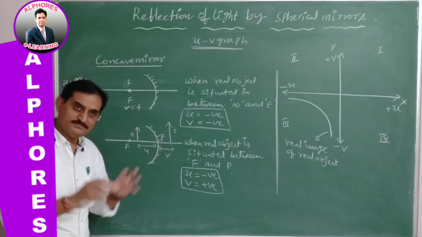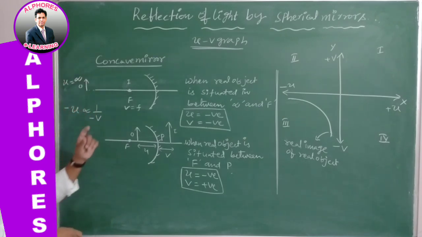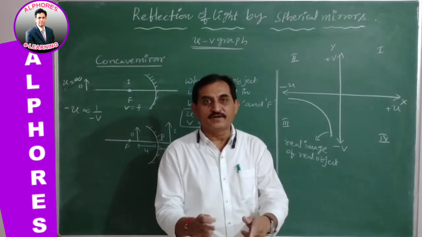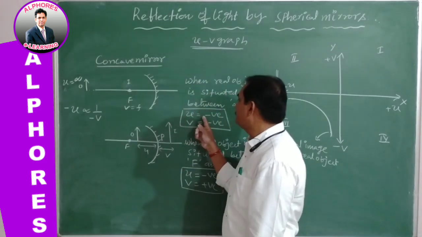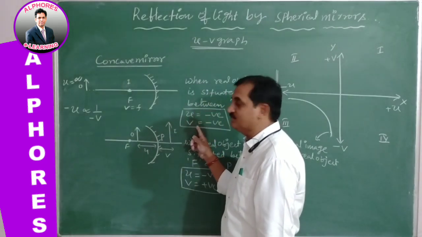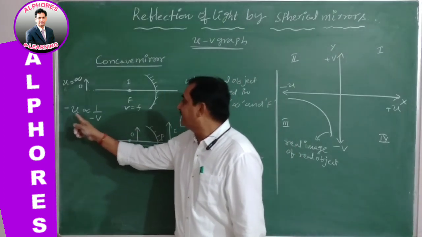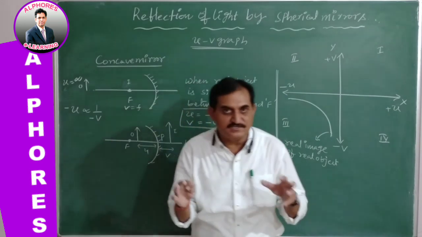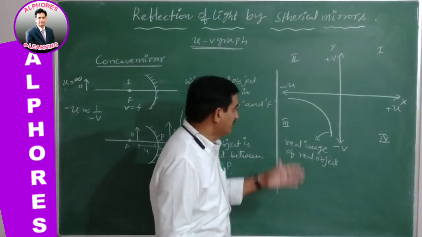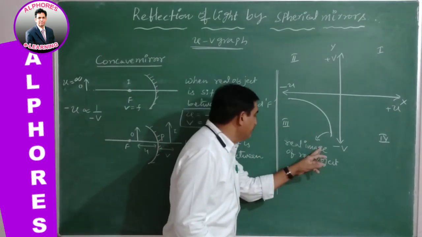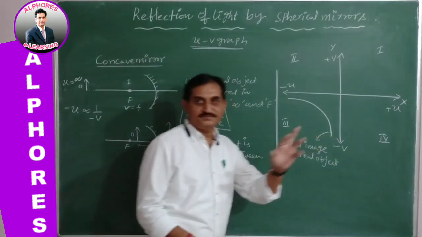So very clear. This rectangular hyperbola will extend in the third quadrant because the real object and real image both have negative sign according to this relation, as shown in the diagram, and its name is given clearly: real image of real object.